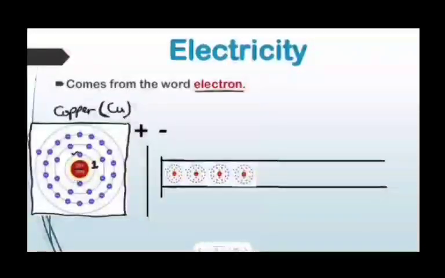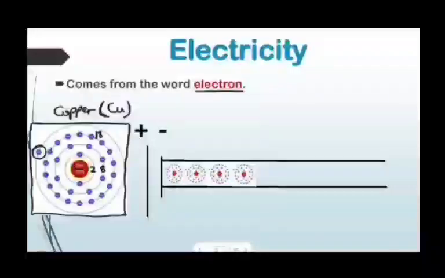The next shell will carry 8, and the third one carries 18 electrons. So 2 plus 8 is 10, 10 plus 18 is 28. And the last one has 1 electron.